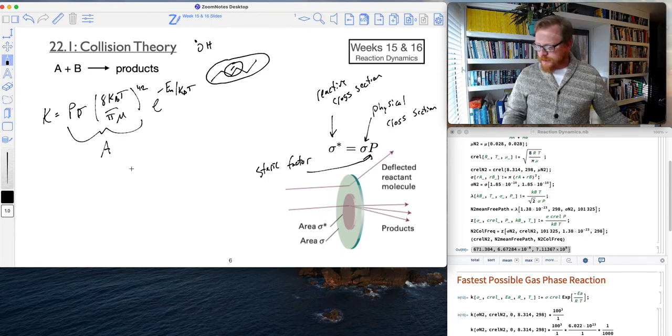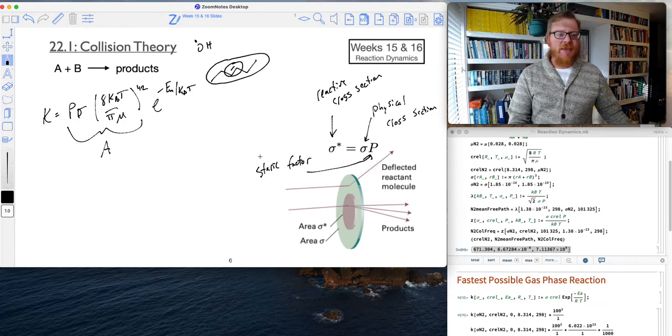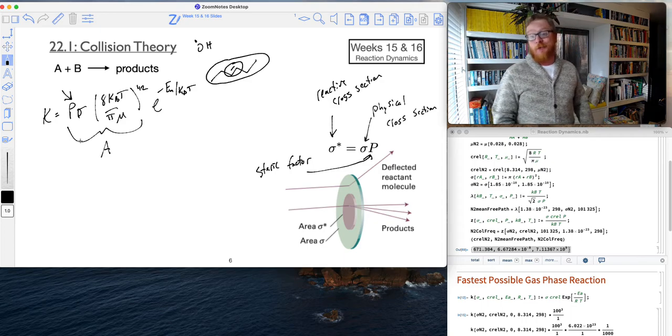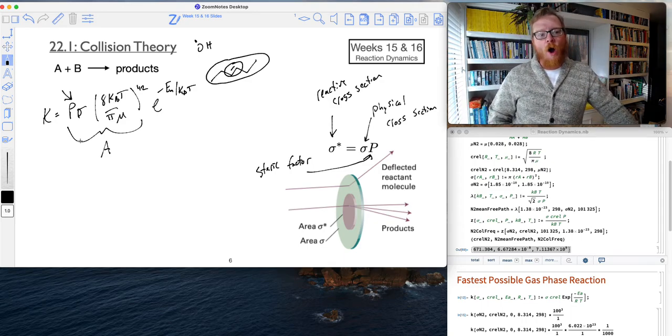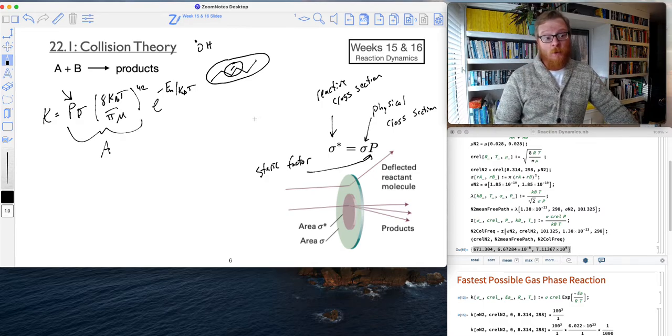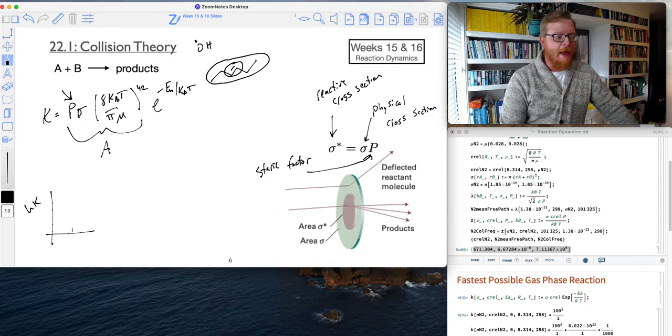Oftentimes it can be really challenging to know what that steric factor is. That's why we often rely on experiments. We do the experiment at several different temperatures, and we fit natural log of k versus 1/T.